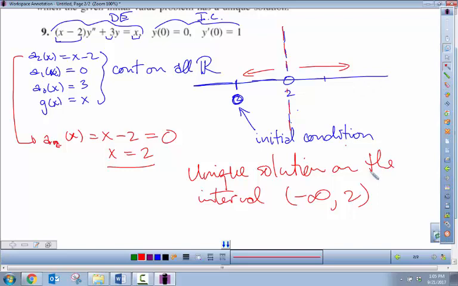We find out that x equals 2 is a solution for a of x equal to 0, which just tells us that it's not continuous. Well, your solution to your differential equation might not be continuous there.